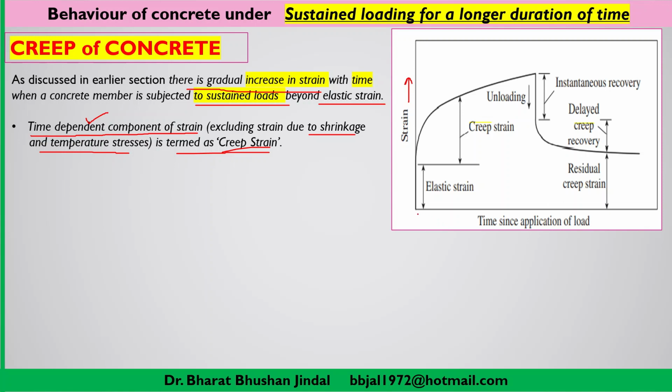So you can see here up to this particular limit, the load is consistent and there is a strain, and the strain up to this limit is known as elastic strain because it is just the elastic part of the curve. So this is the strain when load is within the elastic range. That type of strain is elastic strain.